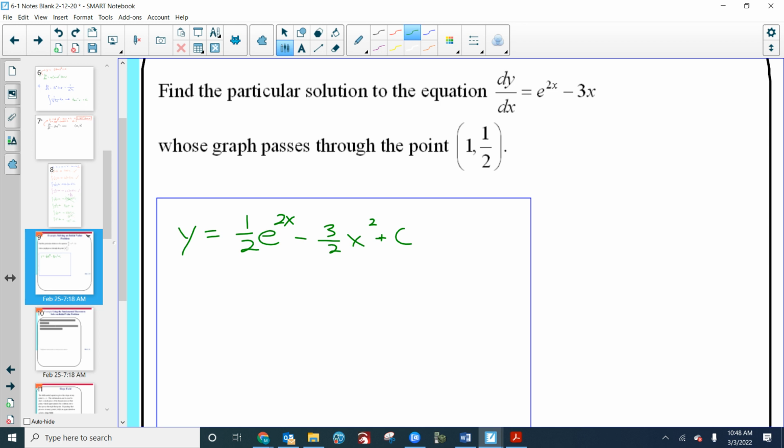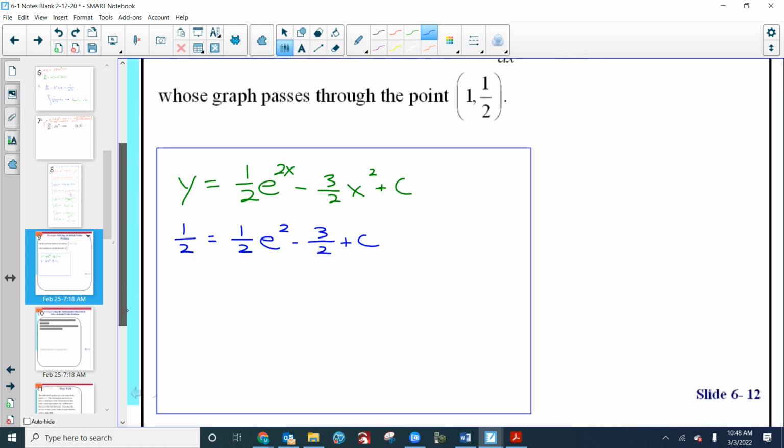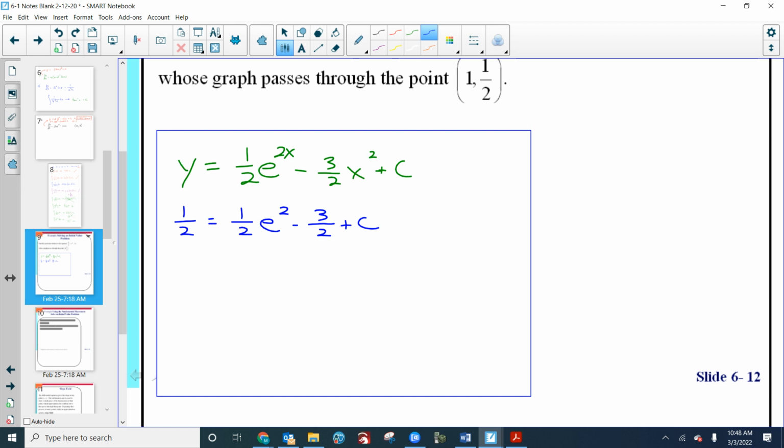So let's plug in 1/2 for y and 1 for x. Now this one's kind of ugly, but add 3/2, 1/2 and 3/2 is 4/2, which is 2. So we get c is 2 minus 1/2 e squared. Is that what you guys got for c? Which is a little bit ugly, but it's okay. It's a number.